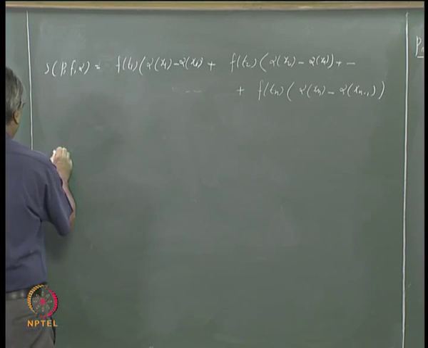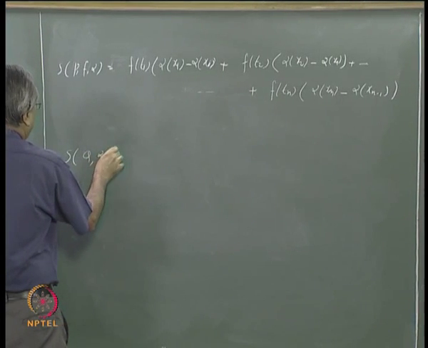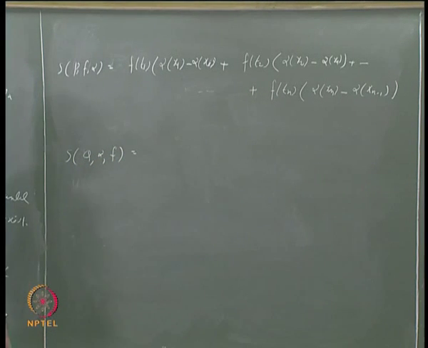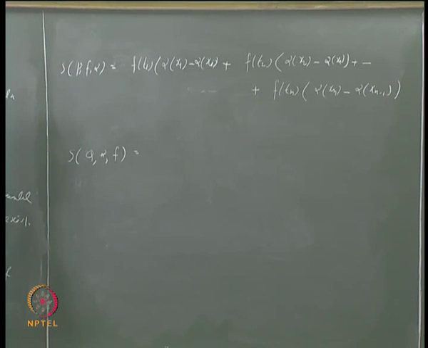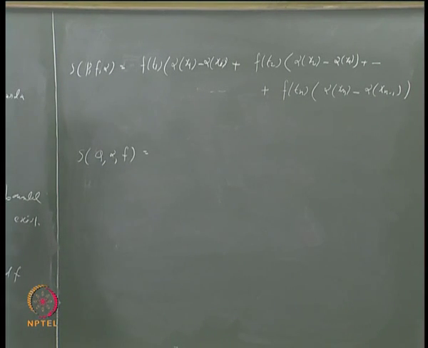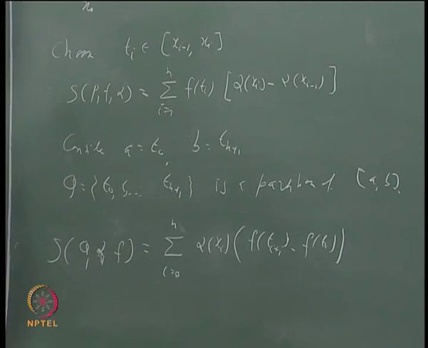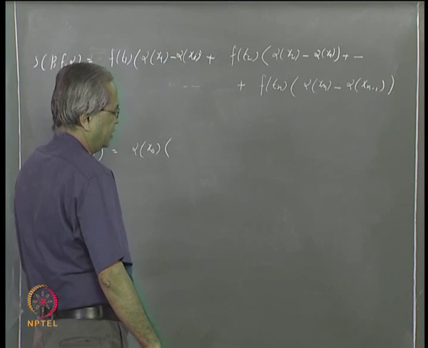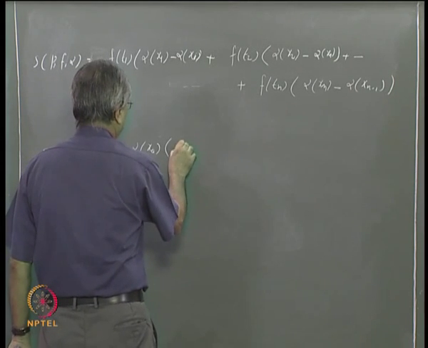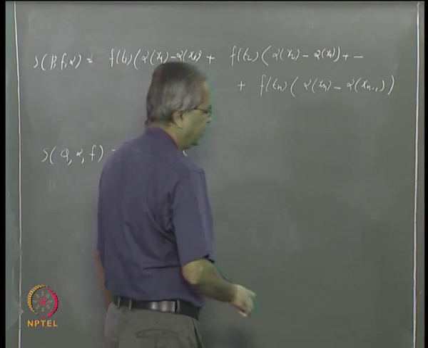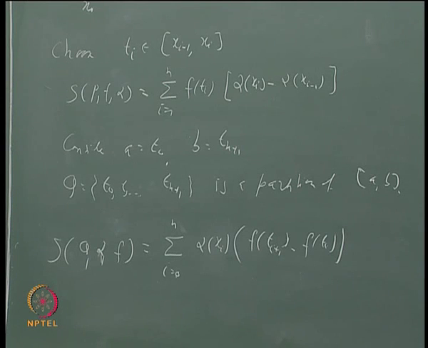Similarly you look at S_Q alpha f. It starts from i equal to 0, so alpha at x0 into f t1 minus f t0. What is the second?